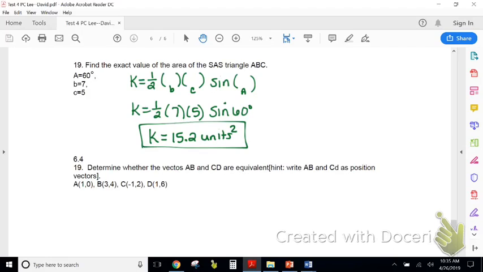So that could have been the 35 over 2 sine of 60 degrees. And then leave it like that. Okay, because that's exact. Or you could have done 17.5 sine of 60 degrees. Okay, that's exact, but the other's rounded.